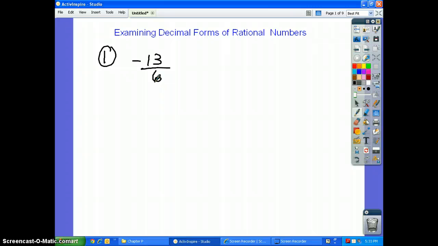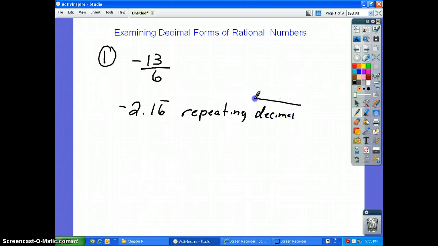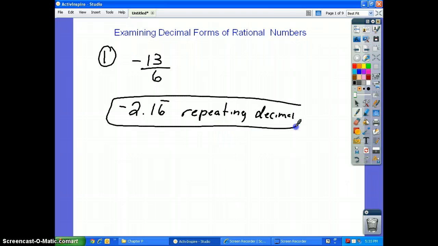If you use your calculator and divide negative 13 by 6, you should come up with negative 2.16 with the 6 repeating. Therefore, this is a repeating decimal.